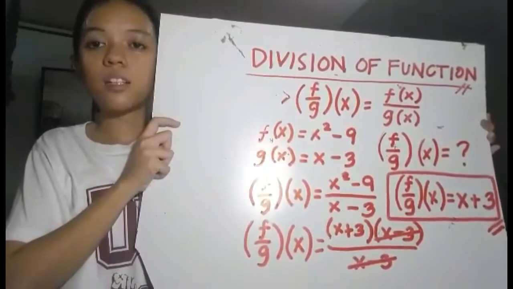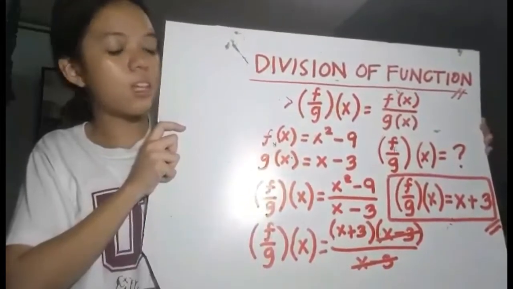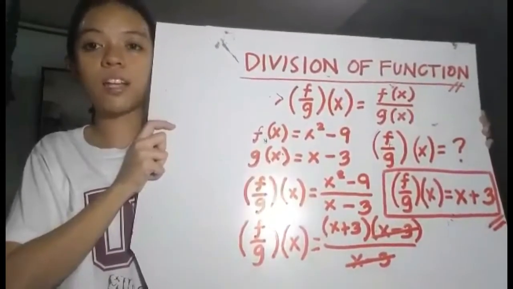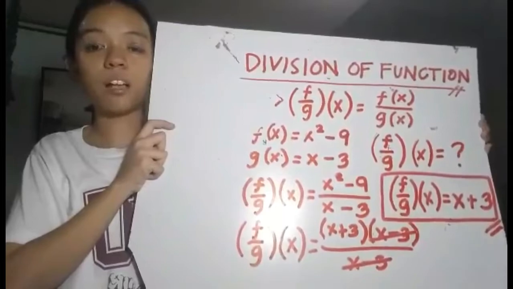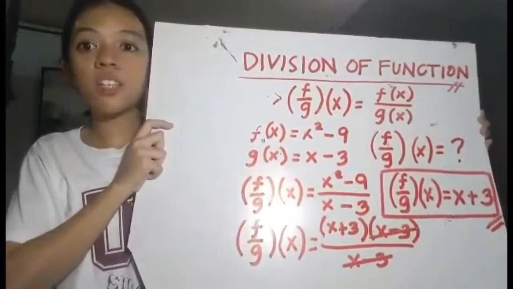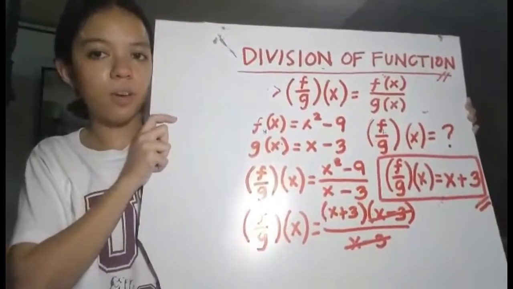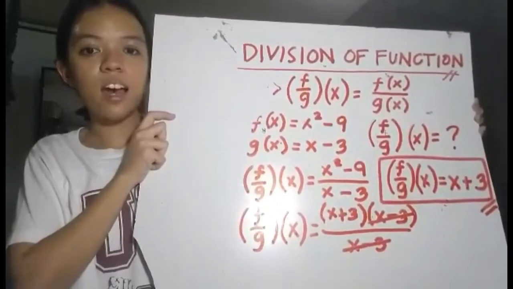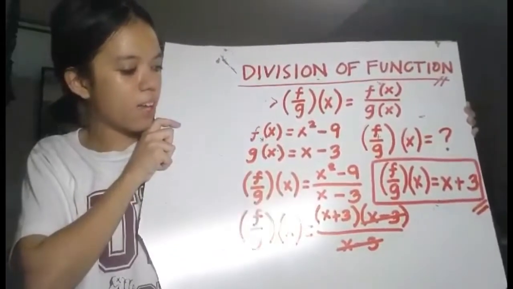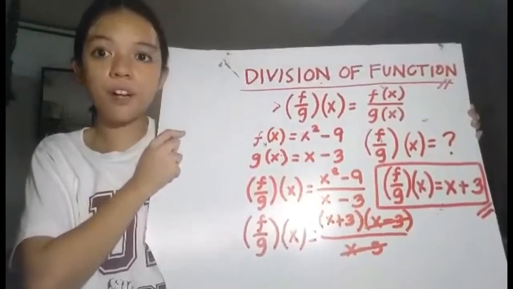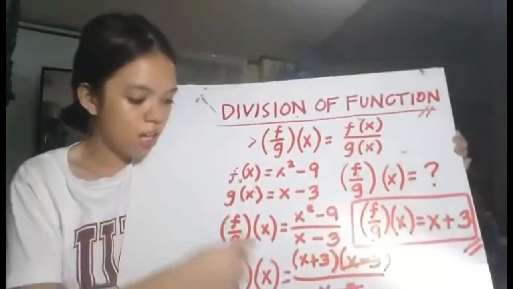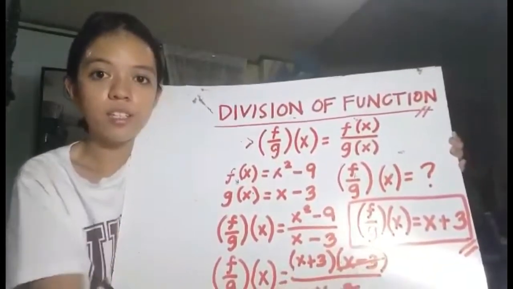Now, if you notice, the x squared minus 9 is a perfect binomial, so we just have to factor it out. So we have x and x, and then we have different signs, which is the plus and the minus right here.